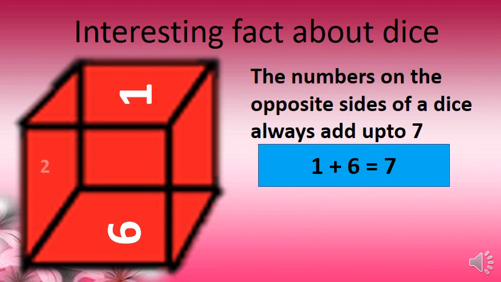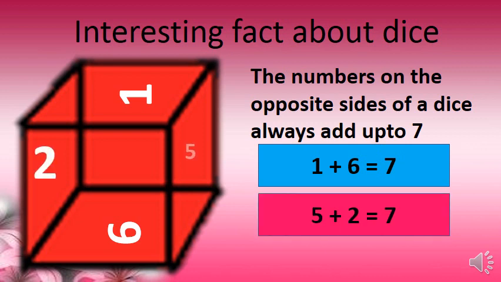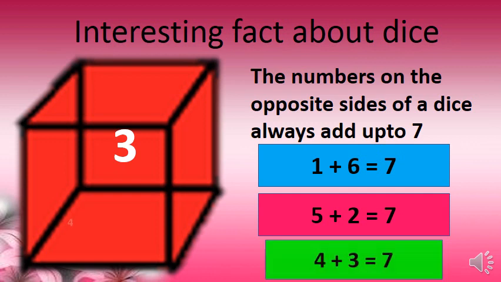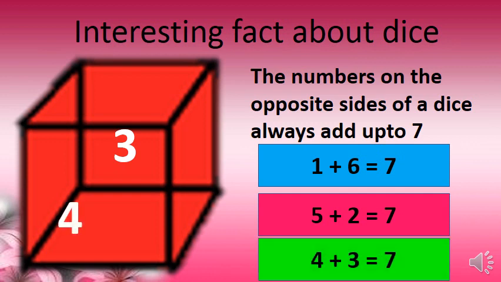So on the side faces, 2 plus 5 we have 7. And front and back faces: on the back face you have 3 and on the front face of the dice you have 4. 4 plus 3 is 7. So isn't it interesting? Yes. The numbers on the opposite sides of a dice always add up to 7.